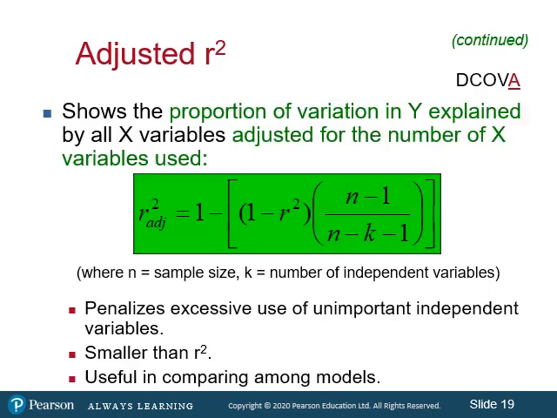Adjusted R square equals 1 minus R square times n minus 1 divided by n minus k minus 1. The adjusted R square shows the proportion of variation in Y explained by all independent variables, adjusted for the number of independent variables used and also the sample size. So it penalizes excessive use of unimportant independent variables. It will be smaller than R square, and it is only useful for comparing different models.